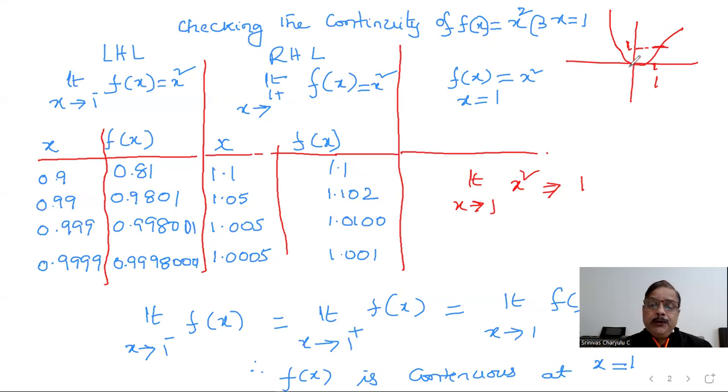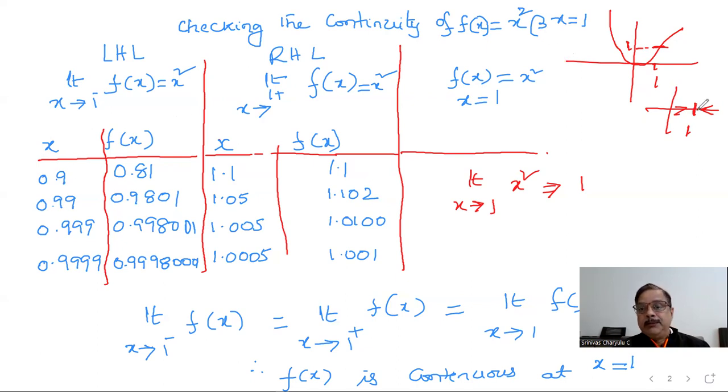But we wanted to prove this, that if I approach this one from the left hand side and right hand side on the x-axis, we can see how the values are converging. I don't want to put the 1 here for you, and then prove that this is converging. Let us take x starting from the left hand side.